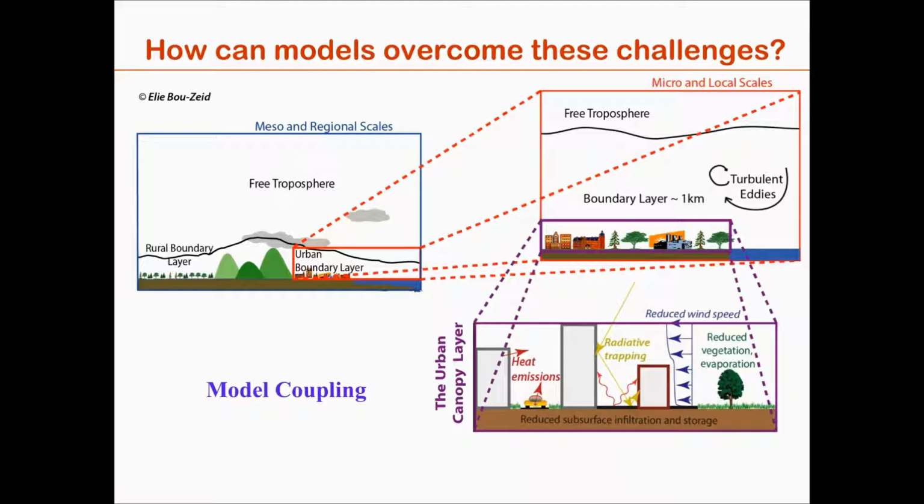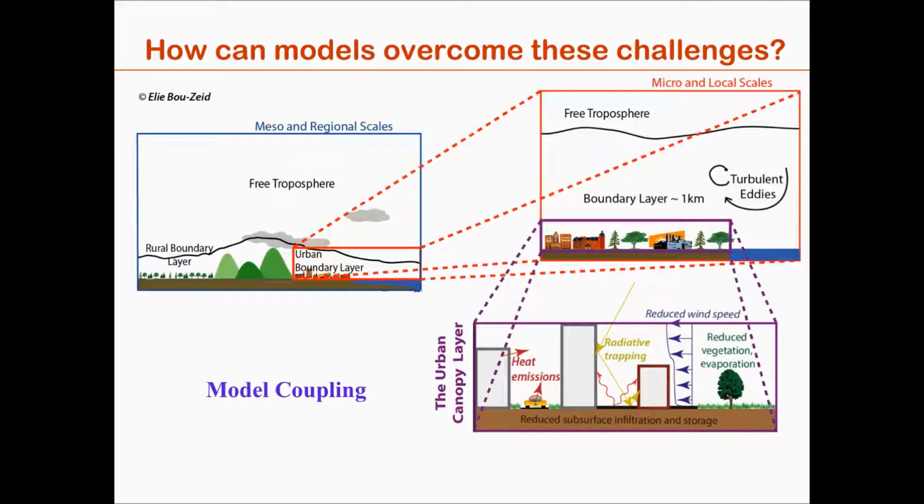One of them is model coupling, as you see in this graph. You can take a mesoscale or regional model. This is basically a weather forecasting model. And you can nest it with itself or with another model to reach the micro and local scale that you see in the top right panel of the figure.